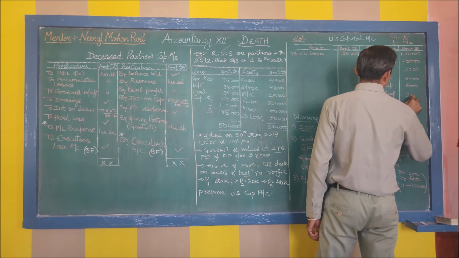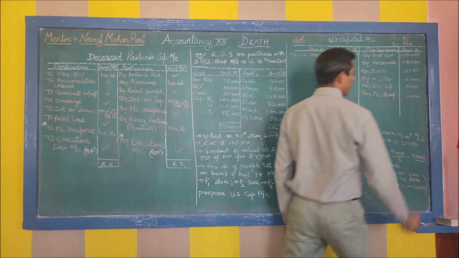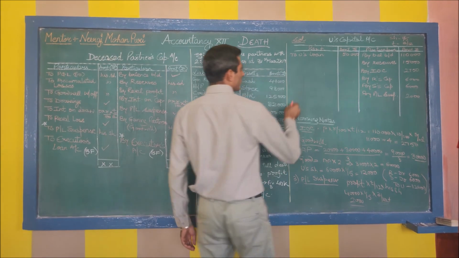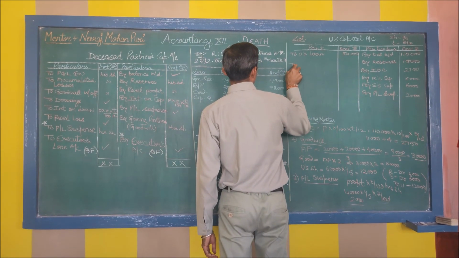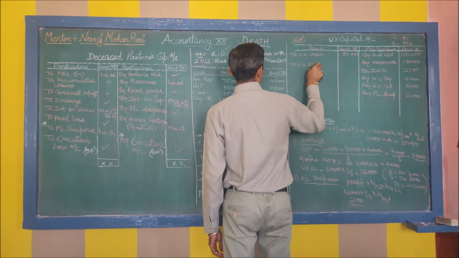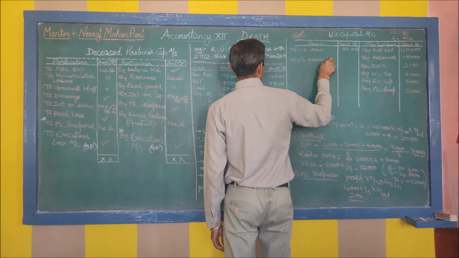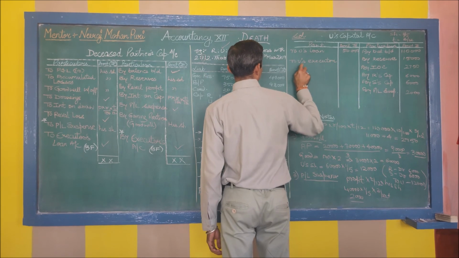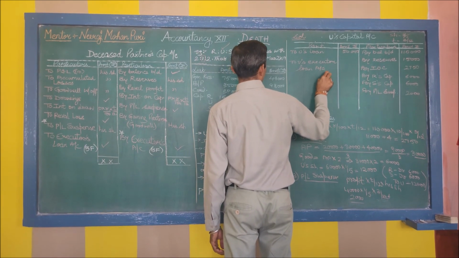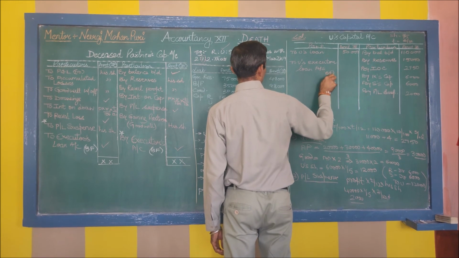Title is Profit and Loss Suspense. Amount is 2,000. Once all the items are done, the last step is we have to do the totaling, find the balancing figure and write it to U's executor loan account. U's executor loan account is our balancing figure.